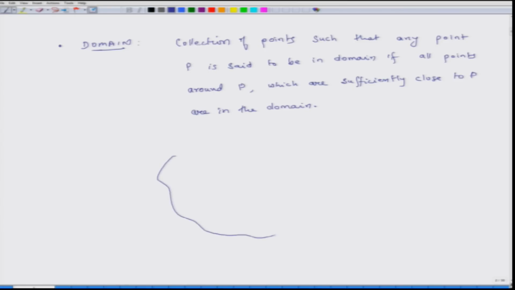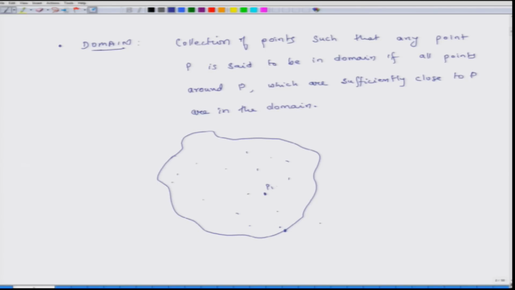Suppose this is, so there are lots of points, infinite points, and here we are defining domain in a roundabout way. So, we say that it is a collection of points. Now, there could be a point here also, and here also, and here also. Okay.